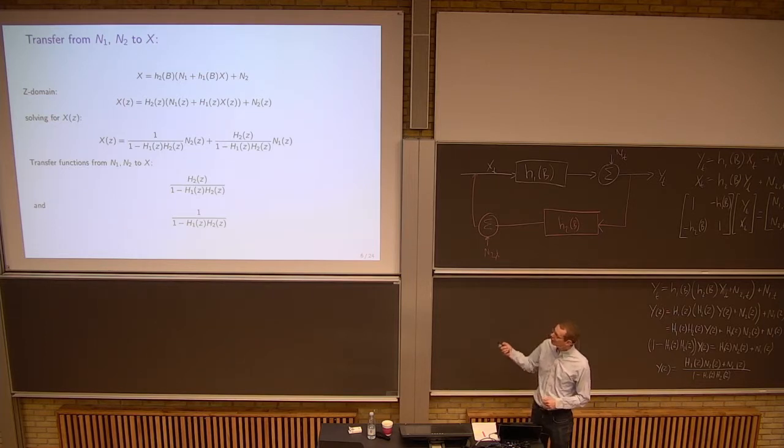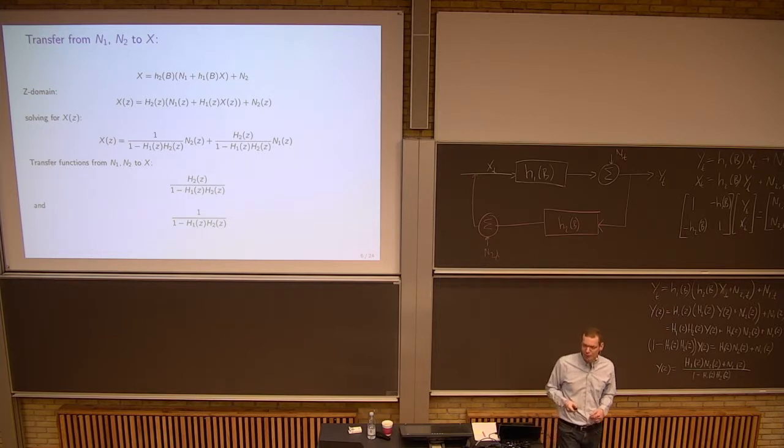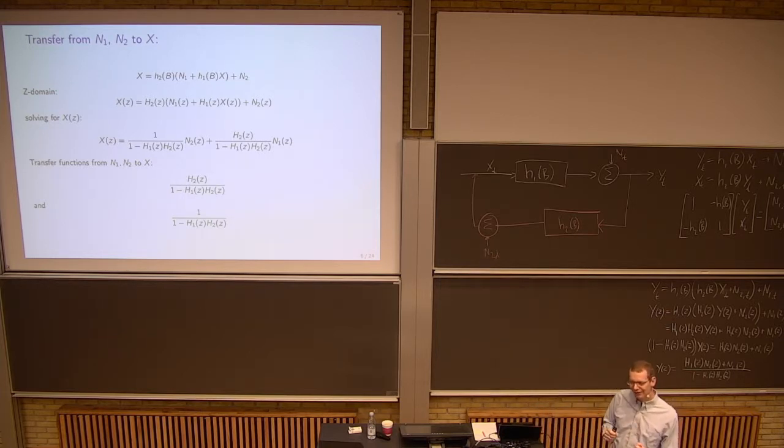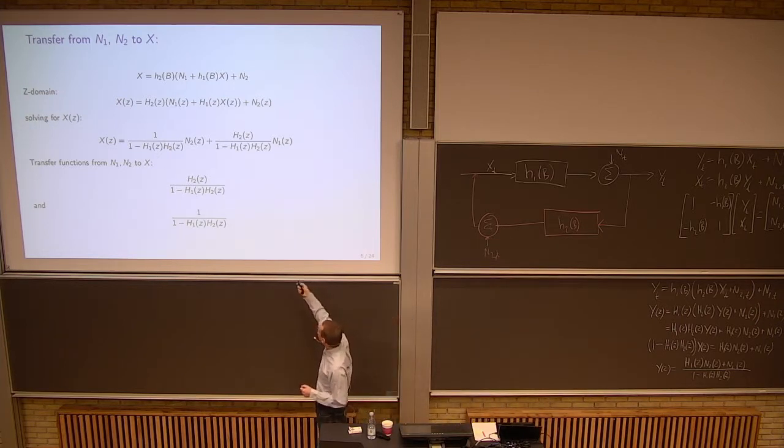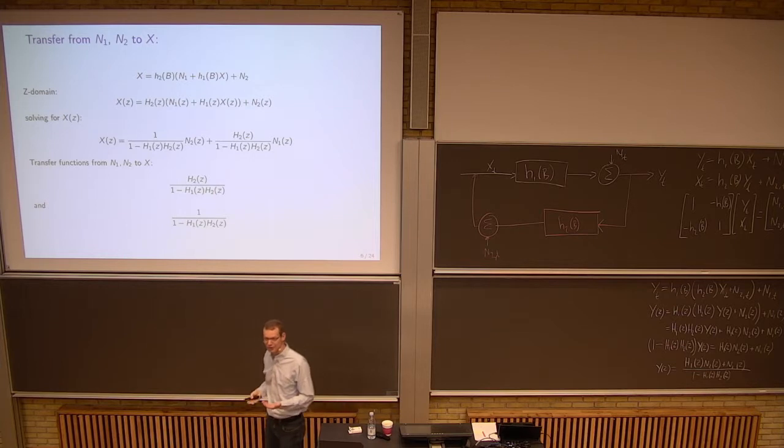Another thing is, yes, you can say it's univariate, but you have two different noise inputs. One of the noise inputs, since it has the H2 and N1, is no longer white. Does that make sense? So this noise that you add over here has color to it.